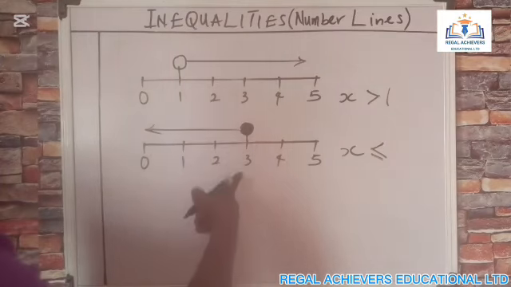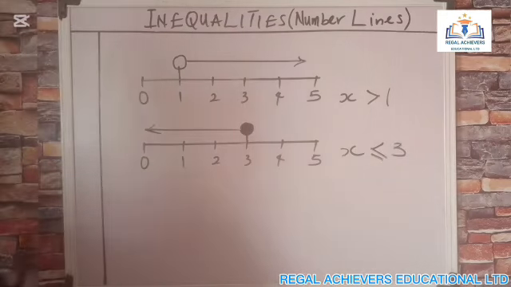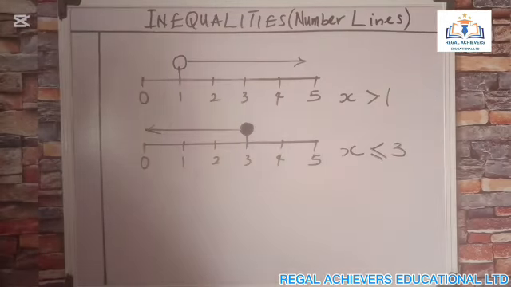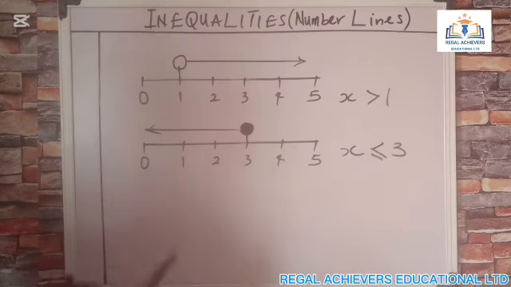The pointer is on 3. That means the interpretation of this number line is x is less than or equal to 3. It means for numbers less than 3, you're also going to include 3. That is, x is less than 3 and equal to 3.